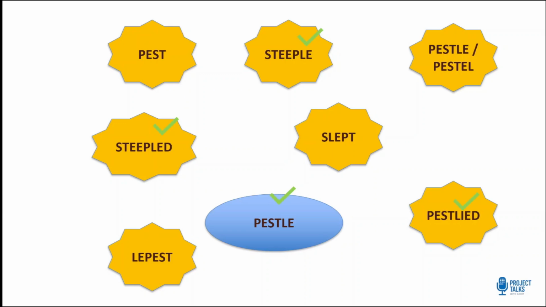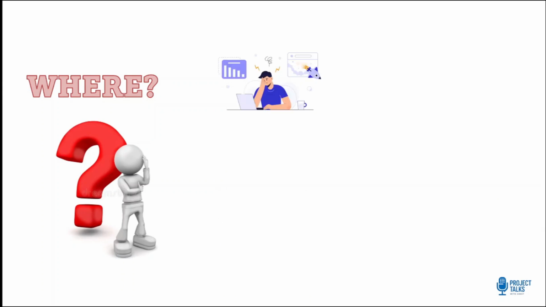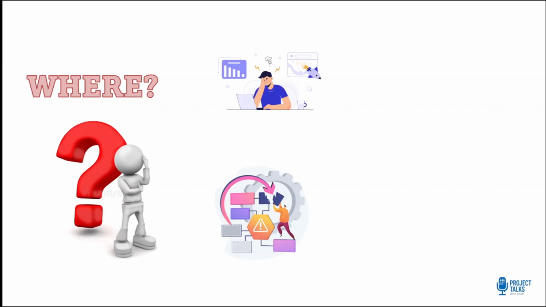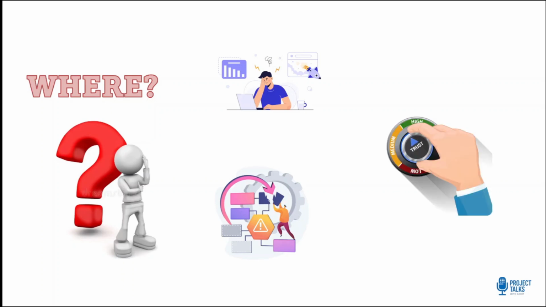Now, to make PESTLE analysis meaningful, the real question is, where does all this information actually come from? Because if our inputs are weak, our entire analysis can fall apart. That's why project managers rely on trusted, credible sources instead of guesswork.